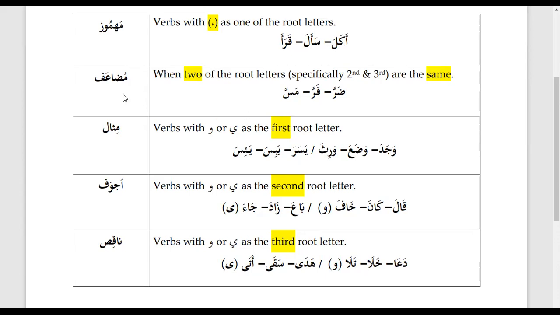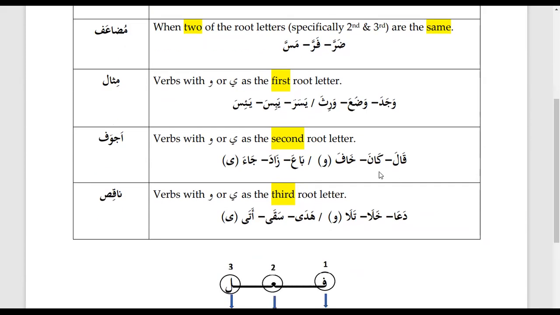For example, in mudaf, when we reach the sixth form of the verb, the idgham opens up. So darra, darra, darru, darrat, darrata, dararna. Sorry, na shouldn't be prolonged. Dararna. So the ra will be, and then the idgham opens. You might have seen, as I sent you, the past of dhanna.